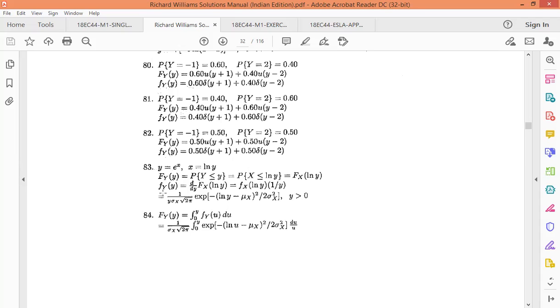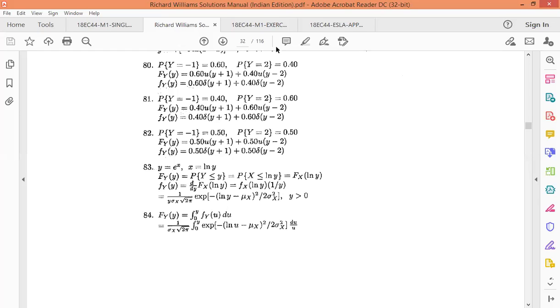The PDF, as we know, is obtained by taking the differentiation. So fy of y is equal to d by dy of Fx of ln y. The differentiation of the CDF results in the PDF, which is written as fx of ln y into the differentiation of ln y, which is 1 by y.